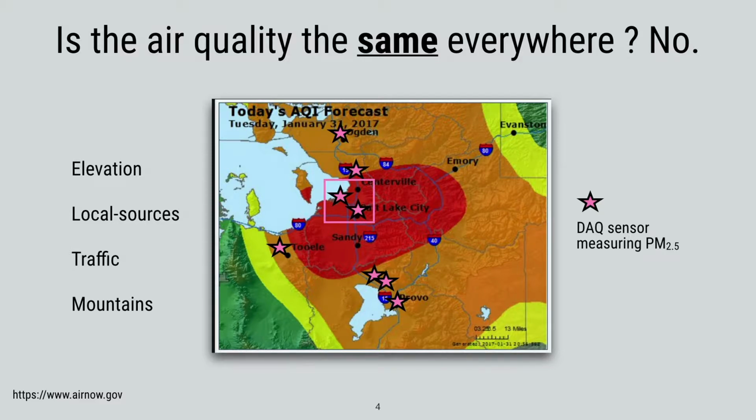This visualization does not take into account elevation, such as the Wasatch Mountains in the east. Known local sources of bad air quality, such as refineries, and traffic on the freeways are not really appropriately covered through the provided measurements. So the underlying data of such visualizations does not have the spatial resolution to provide an accurate description of air quality.